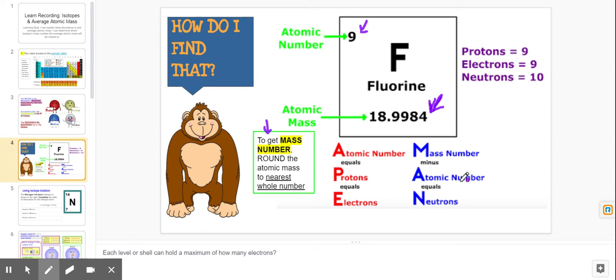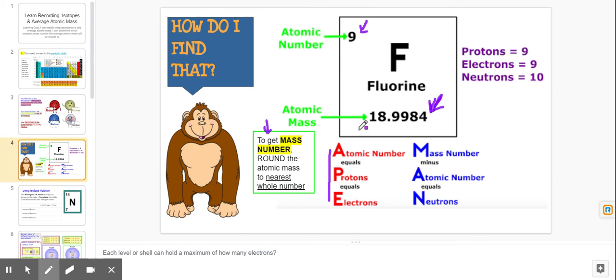This is a nice way to remember. Here we have APE: atomic number equals protons equals electrons. In a neutral atom, the number of protons equals electrons. And here, MAN: mass number minus atomic number equals neutrons. So you can find the number of neutrons if you take the mass number and subtract the atomic number.